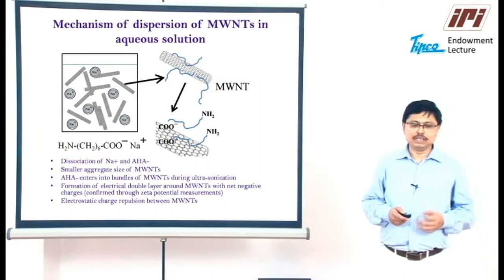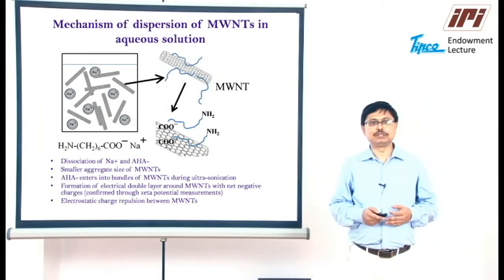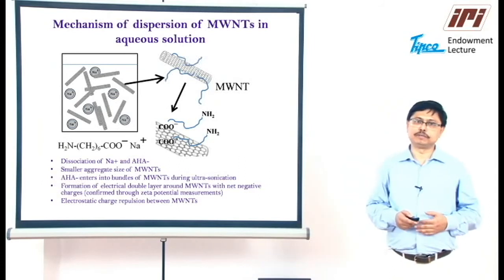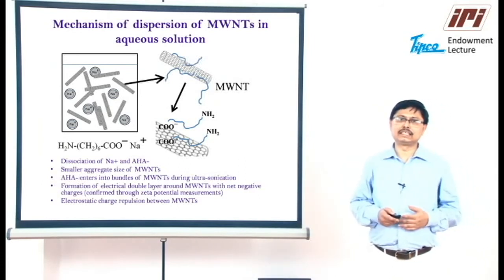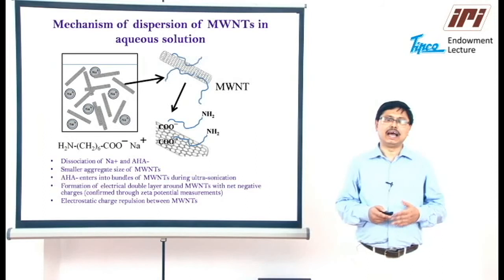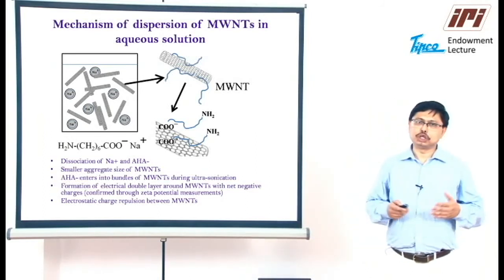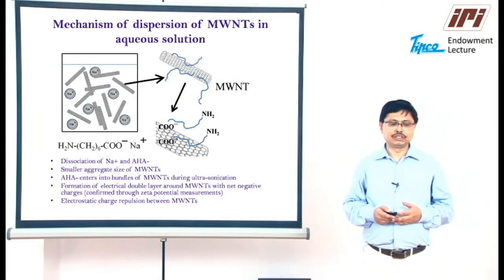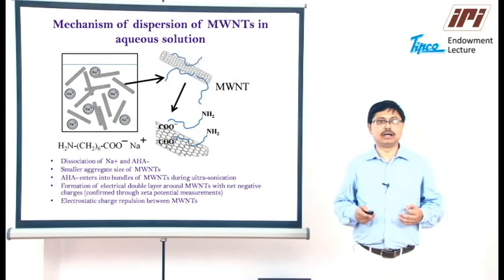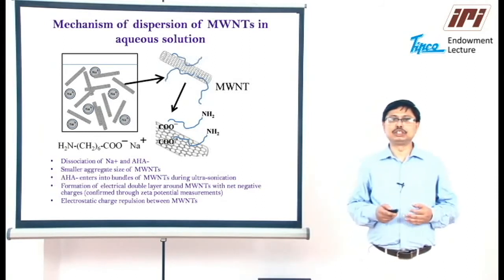This has been understood from various measurements: UV-visible spectroscopy, dynamic light scattering, zeta potential, and pH measurements, which all suggest that there is an electrostatic charge repulsion between multi-wall carbon nanotube materials in the presence of NaHA.